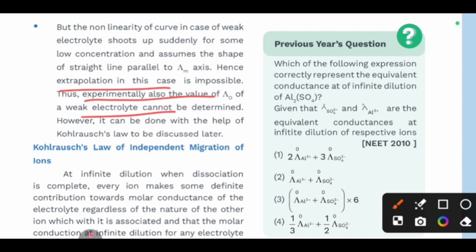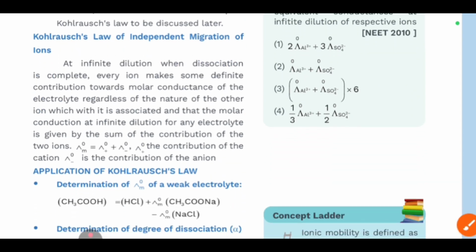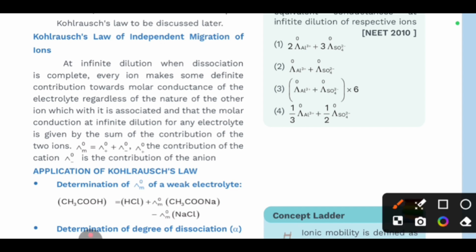So for that only Kohlrausch's law came. So what is Kohlrausch's law? It is the law of independent migration of ions at infinite dilution when dissociation is complete.